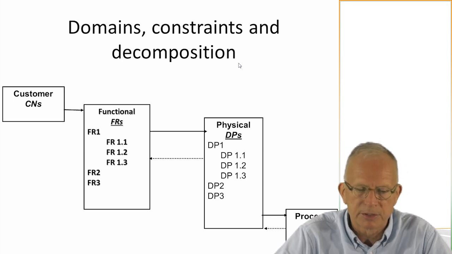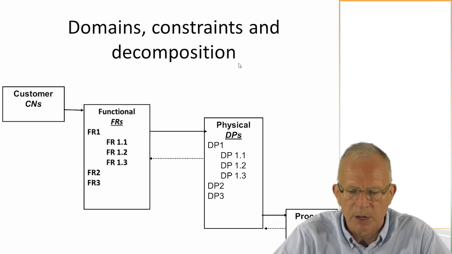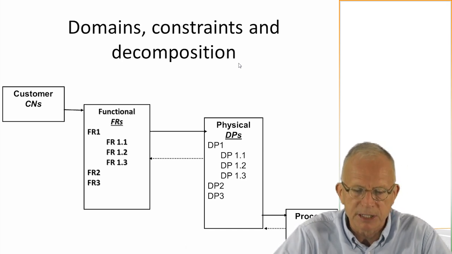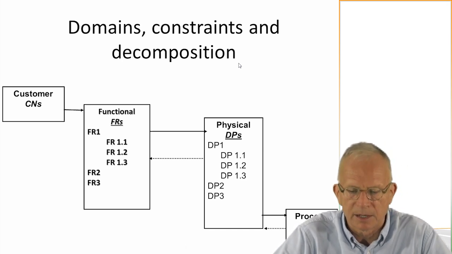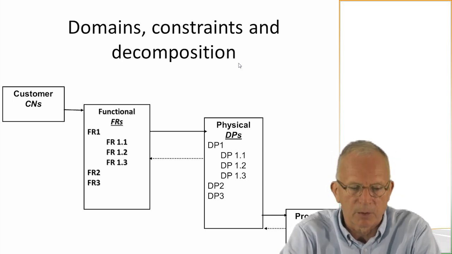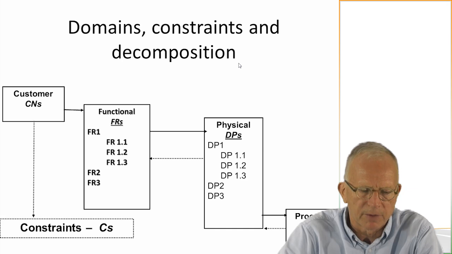Now I've not bothered to list out the details in the process domain, and there could be any number of FRs and DPs and PVs, as shown there as an example. There's 3 upper level FRs and 3 lower level FRs for FR1, but we could have any number.